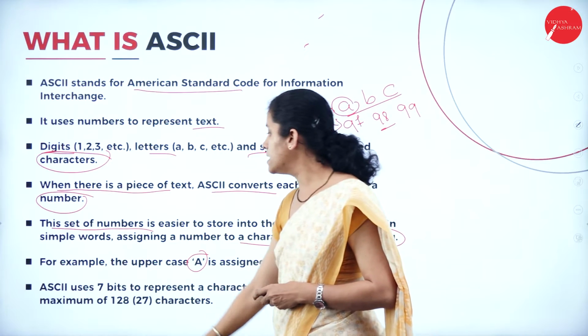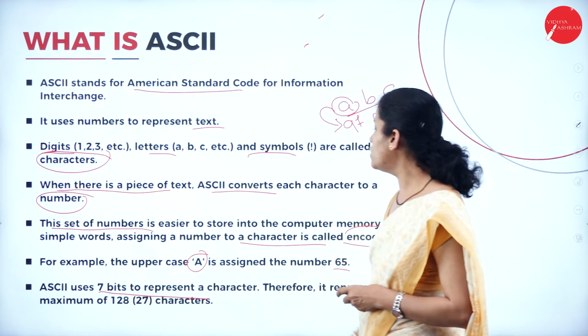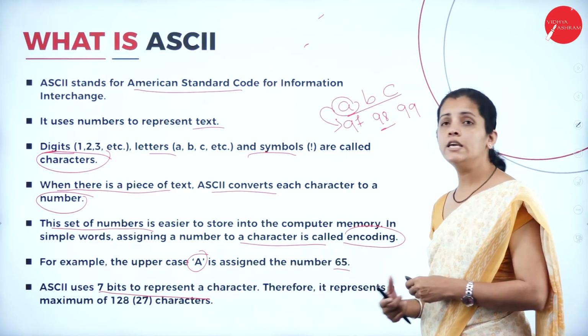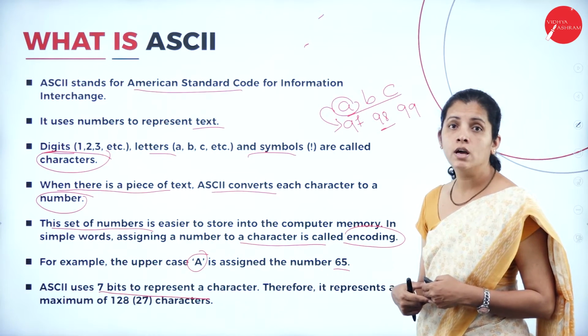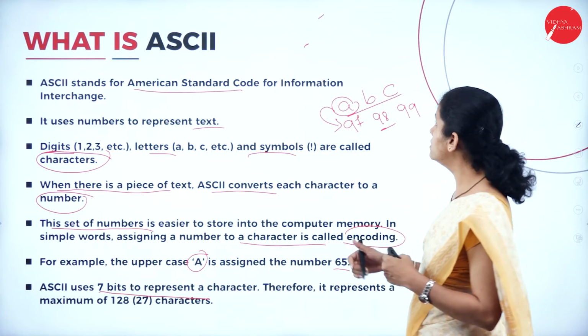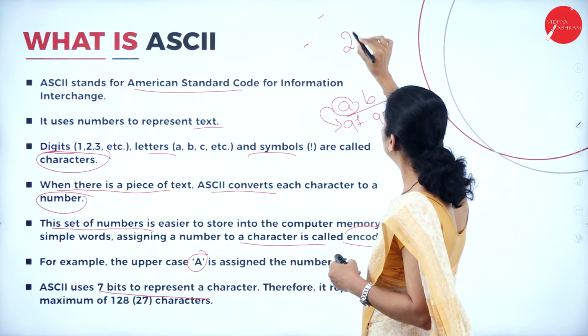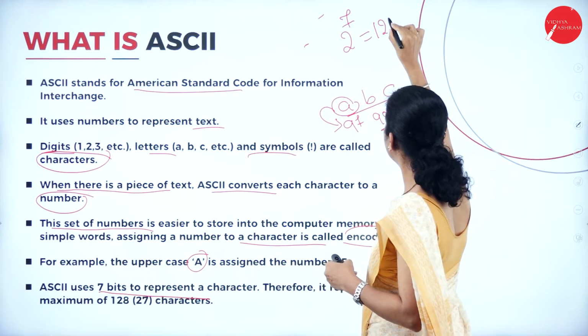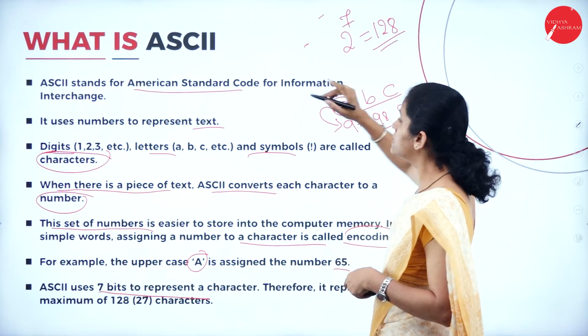ASCII uses 7 bits to represent a character, that is 2 to the power 7, which is 128.